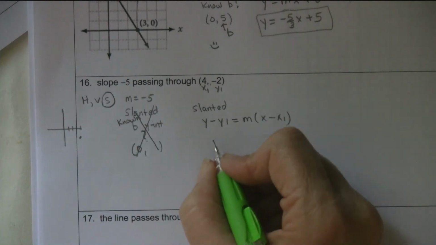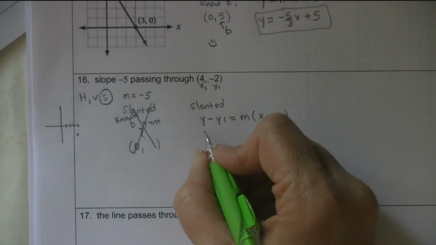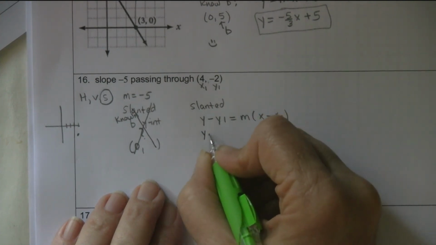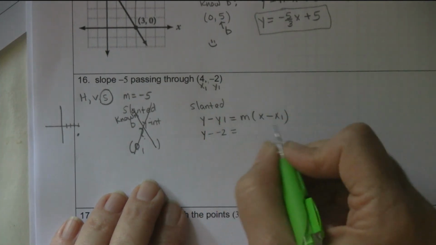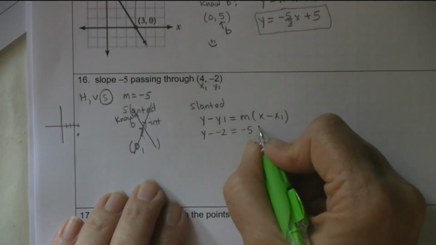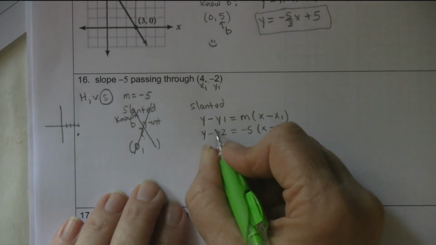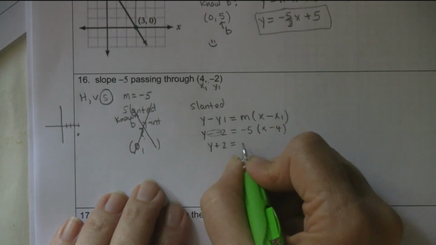And so this method is plug in and chug. So the equation of the line has y in it, minus y1, and y1 is negative 2. Resolve the double negative, and then m is negative 5, times x minus 4. So the first thing is to resolve the double negative, and this does get really cookbook because it's always the same.